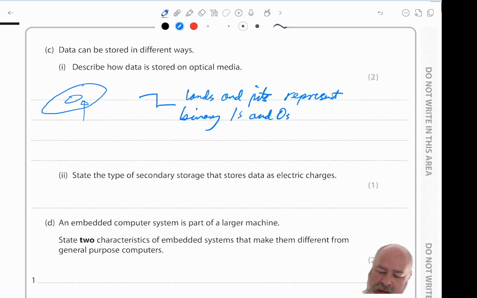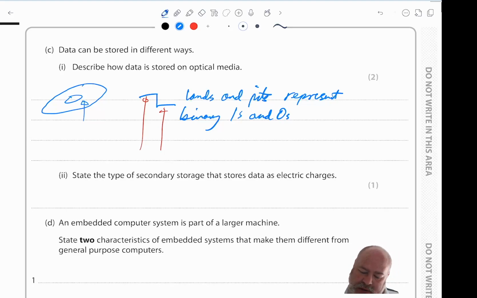When the laser looks at those, there'll be a slight delay in the bounce back from the laser. If the laser's sort of pointing up, there'll be a slight delay because it'll take longer to travel. And of course, that's read very, very quickly, and that will know if it's a 0 or a 1.